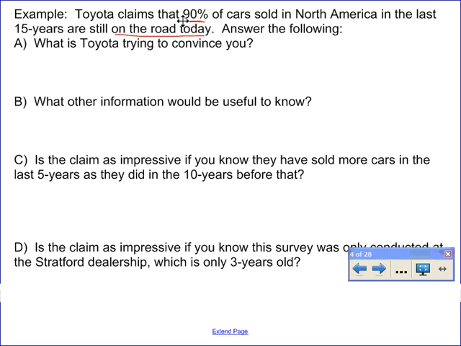What they're trying to convince you is that Toyota cars are very dependable and last a long time.